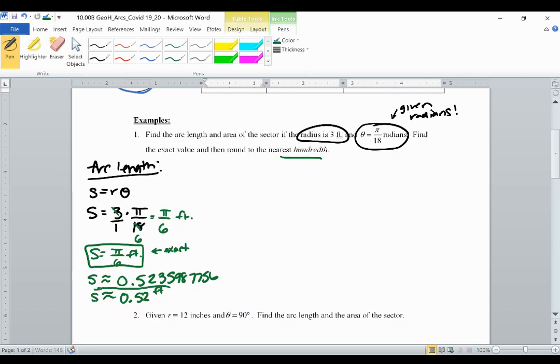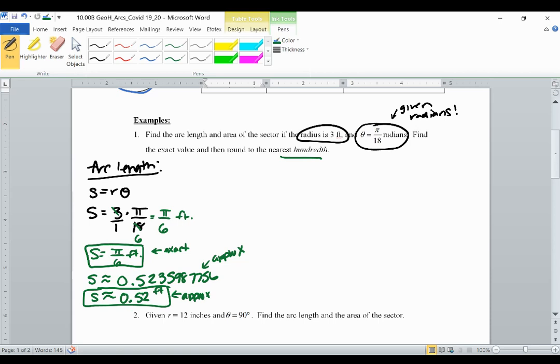That would be our approximate value. This right here is also an approximate value because pi goes on forever and ever, so this decimal also goes on forever once we put pi into it. So this is an approximation. We want our approximation to the nearest hundredth though, so it'd be 0.52 feet.